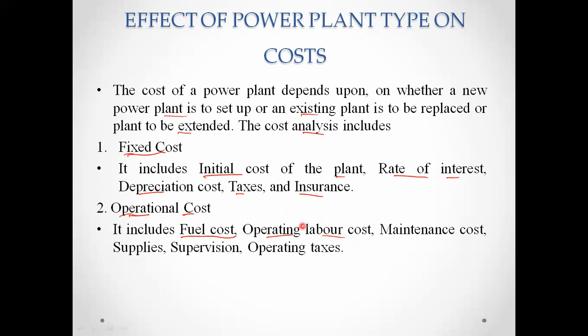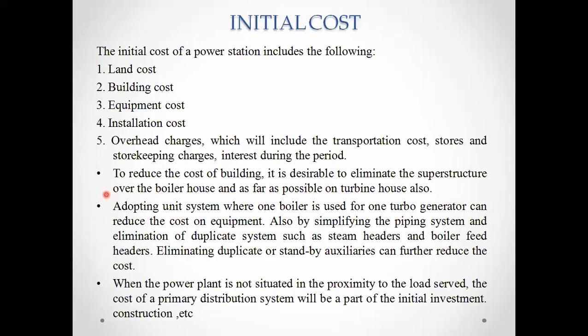Then, since the plant works continuously, we will have the maintenance of the power plant, then supplies, supervision, and operating taxes. All this comes under the operational cost. So we have to keep in mind that whatever the cost of the power plant is, whether it is new, old, or to be renewed, it will depend on these two: fixed cost and operational cost.